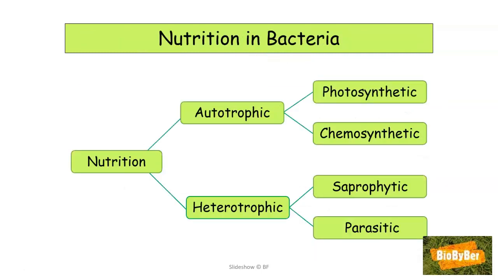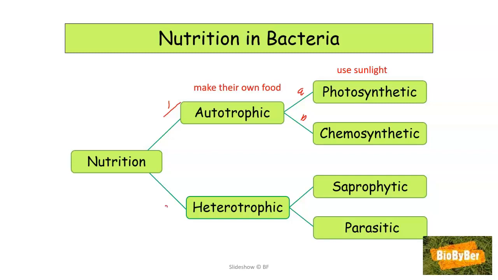So in summary, there are two main types of nutrition shown by bacteria. Autotrophic nutrition, where the bacteria make their own food, and there are two subtypes: photosynthetic, where the bacteria use sunlight to make their food, or chemosynthetic bacteria that use energy from chemical reactions to make food.